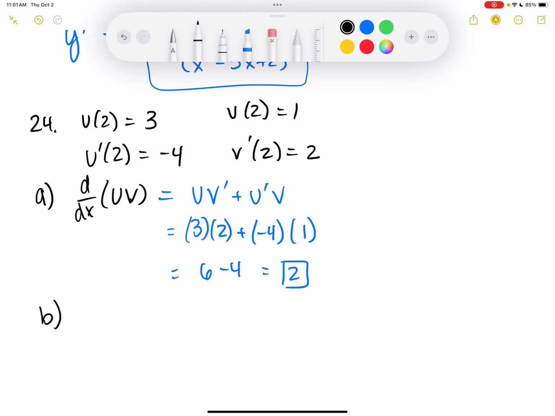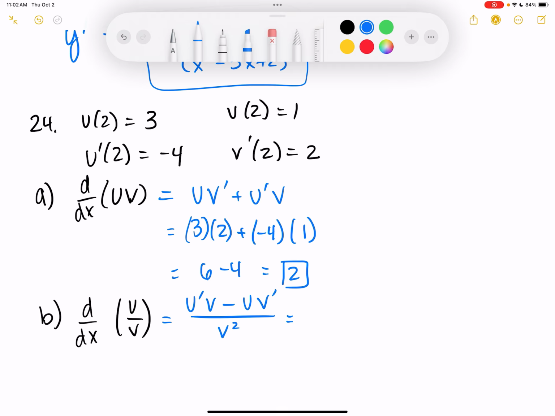B, d dx of u over v. So this is u prime v minus u v prime over v squared. Then again, just plug in numbers.